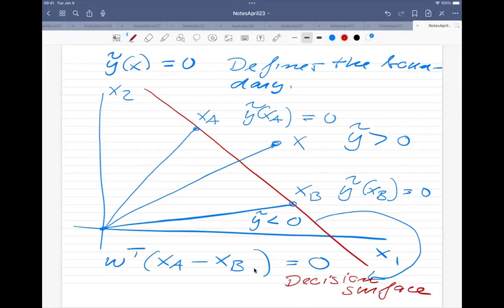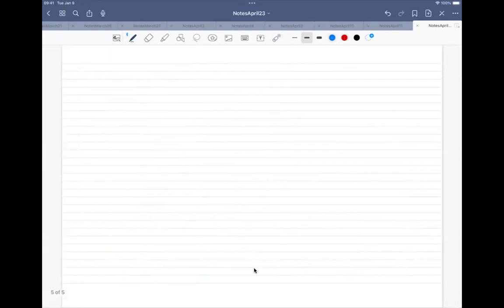In the example which we are going to look at here, we are simply looking at a case given by a two-dimensional problem, and then the demarcation surface or decision surface which we're looking for is given by a line. This vector w, which we have defined here, contains the parameters w1 and w2.